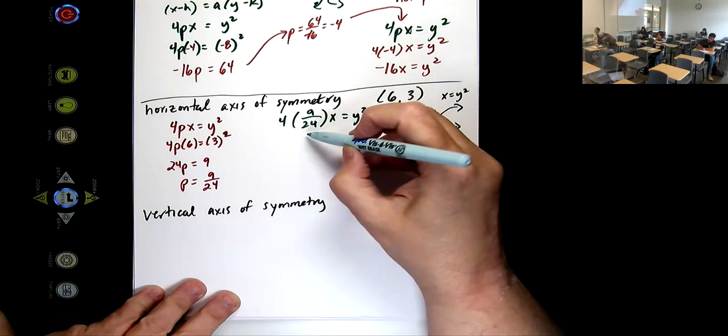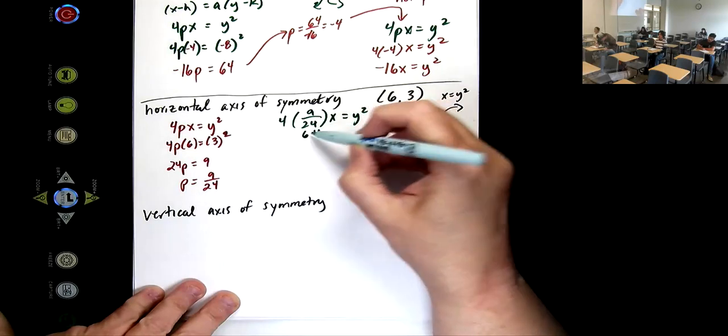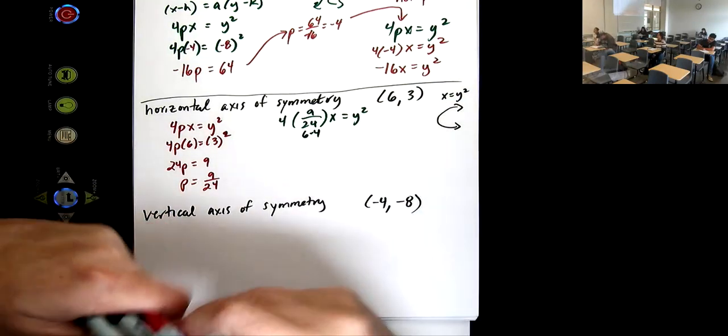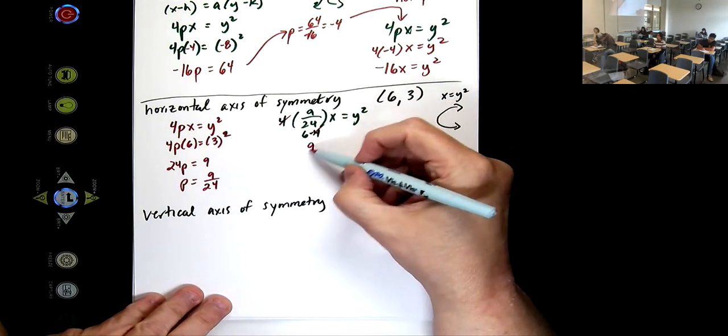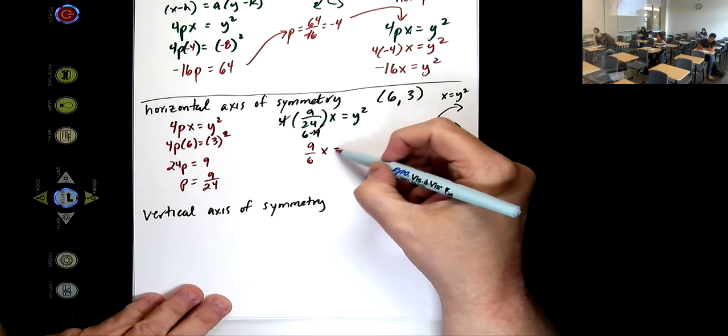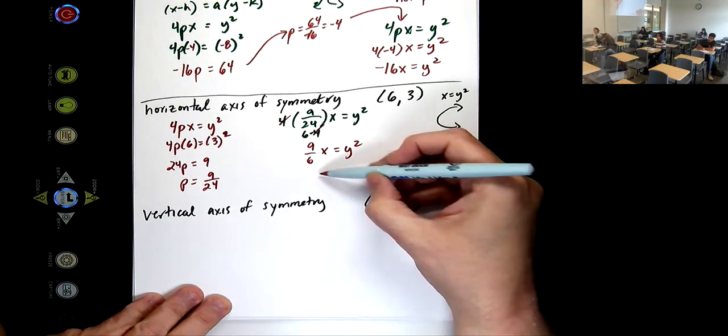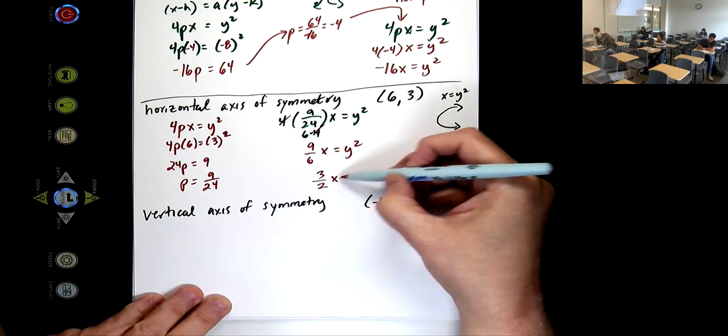And I know this was 6 times 4 because that's how I got it. So I cancel out a 4. I get 9 over 6, x equals y squared, or 3/2 x equals y squared.